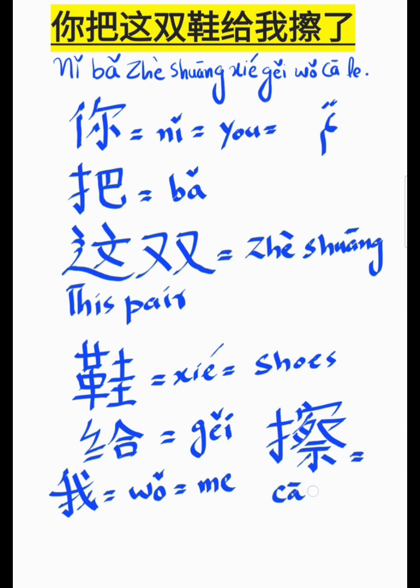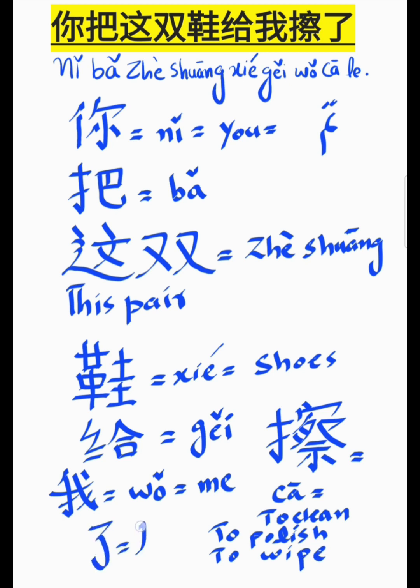Ca, so it means to clean, to polish, to wipe. Okay, and this word is le. 你把这双鞋给我擦了. Okay, so we are going towards the other sentence from the book, and we're going to learn that too.